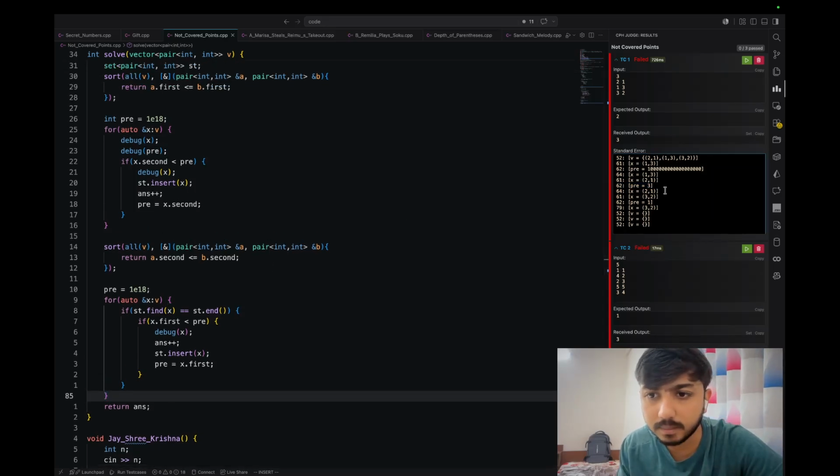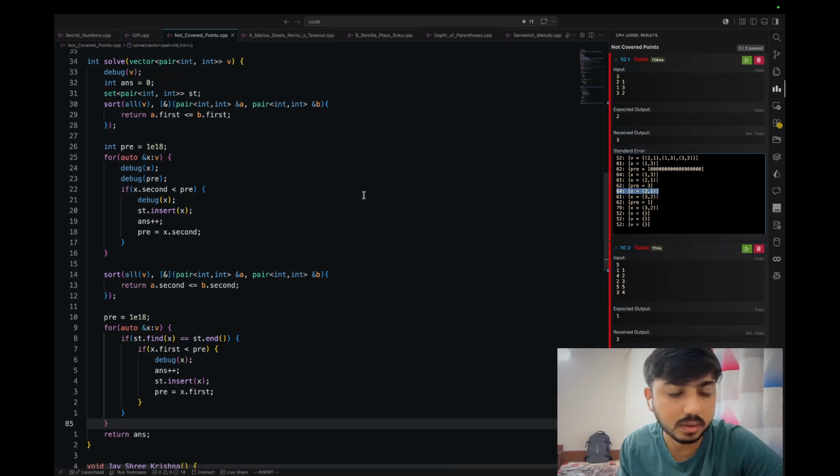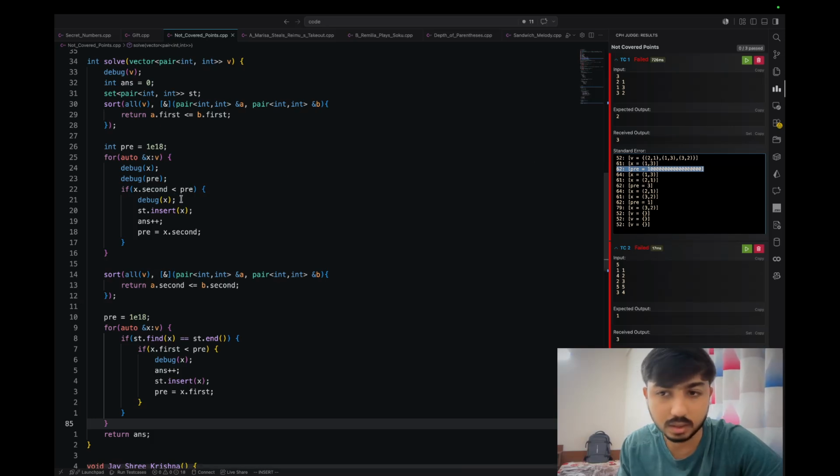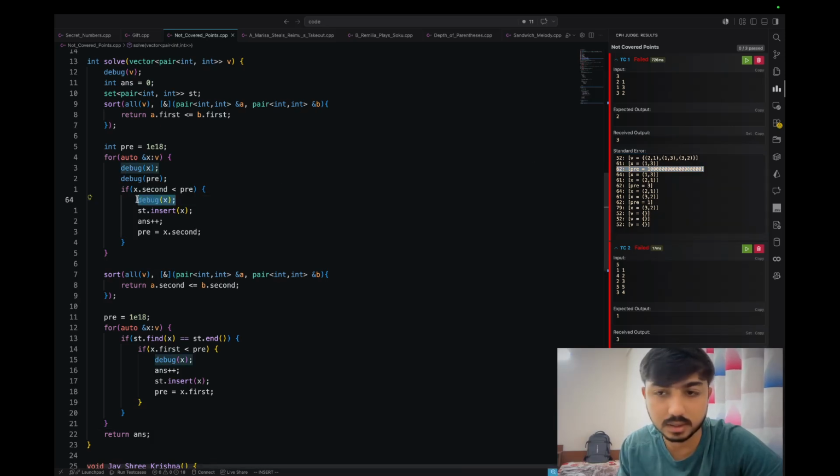How come then x is 1, previous is this. Okay. Then we have inserted this. Okay, 1 comma 3 we have inserted.